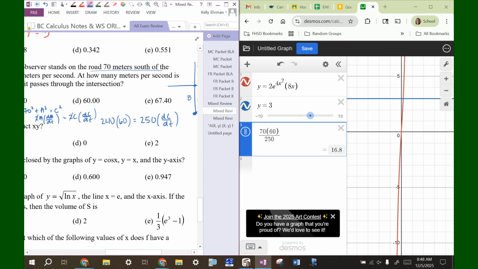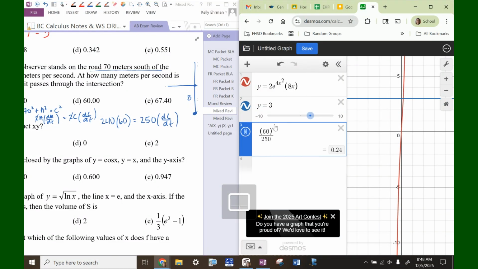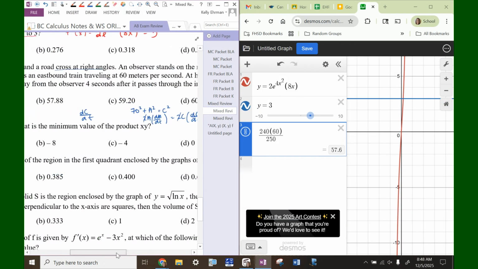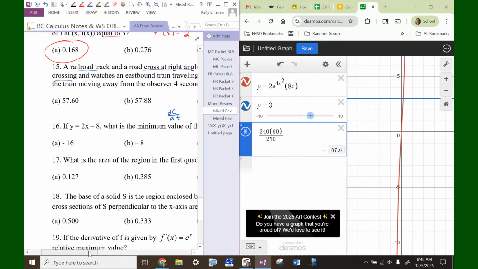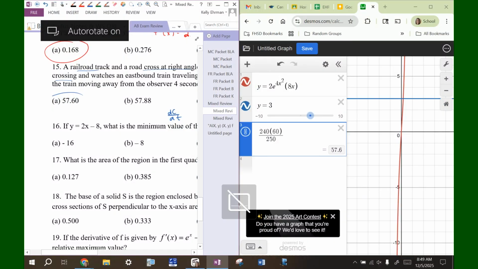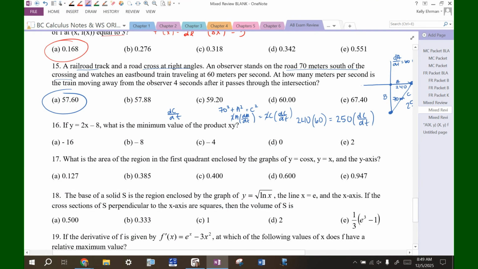Let's try that. I accidentally put in the observer distance. There we go. 57.6. That was an answer somewhere, right? Yeah, that was our first answer. Okay. Maybe you were yelling at the screen as I made that mistake.